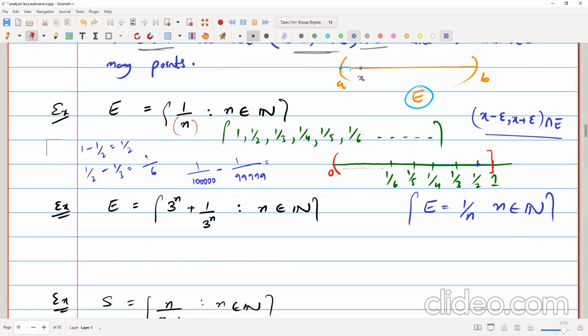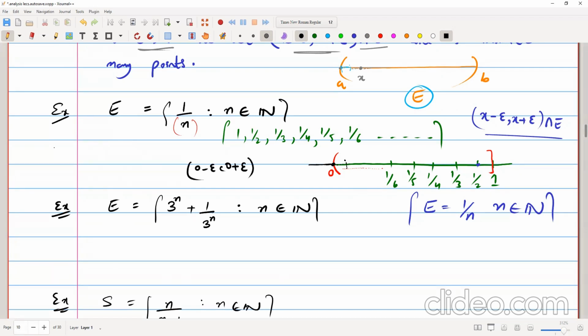So the distances are decreasing and tending towards 0, which means that these points are going to accumulate on this 0. Okay, so when I will be standing at 0 and I will be looking at the neighborhood of 0, for instance, if I take 0 plus epsilon, till here epsilon, and 0 minus epsilon, this interval.